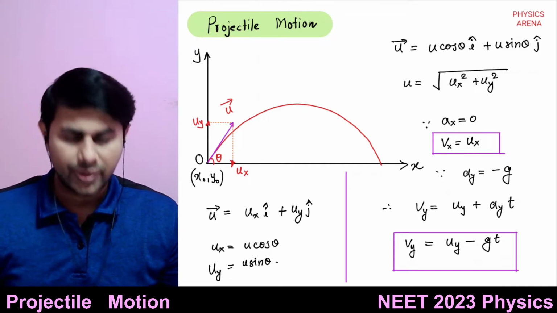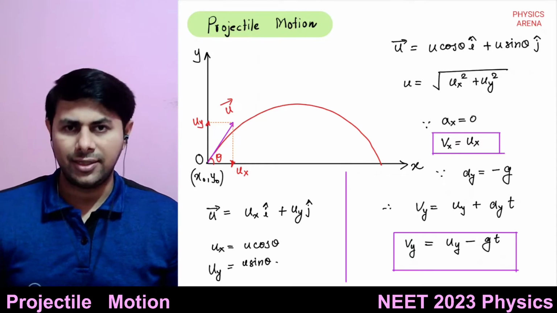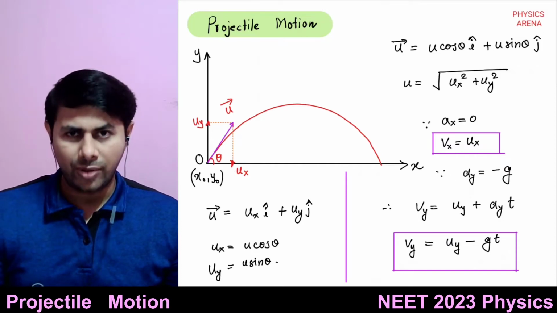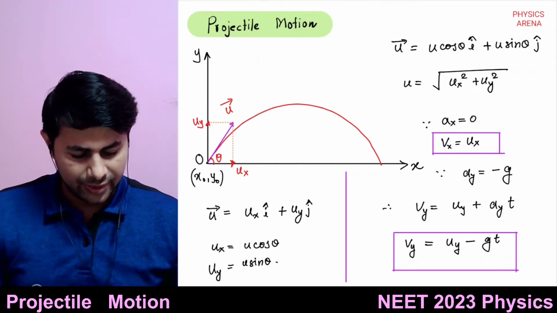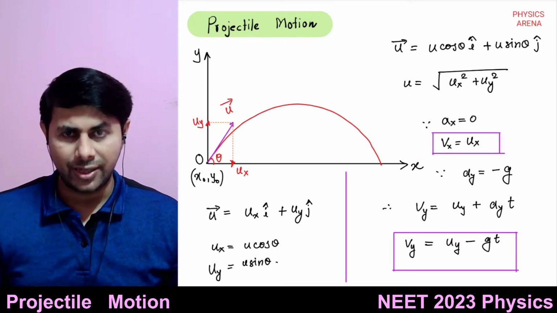So now I want to find out the equation for the displacement. So in x direction, the projectile is moving with constant velocity, right? So it is uniform motion, and that's why you can write velocity is equal to what? Displacement covered divided by time taken.